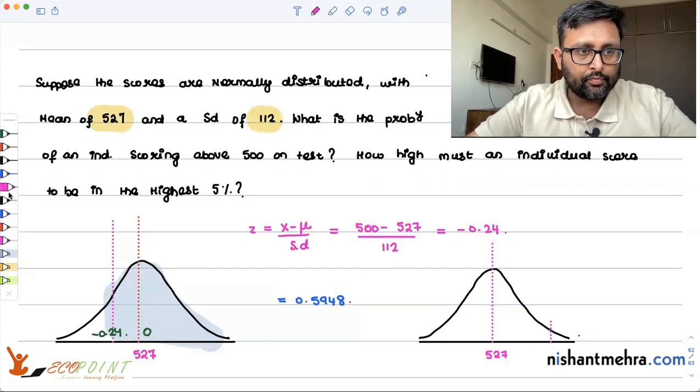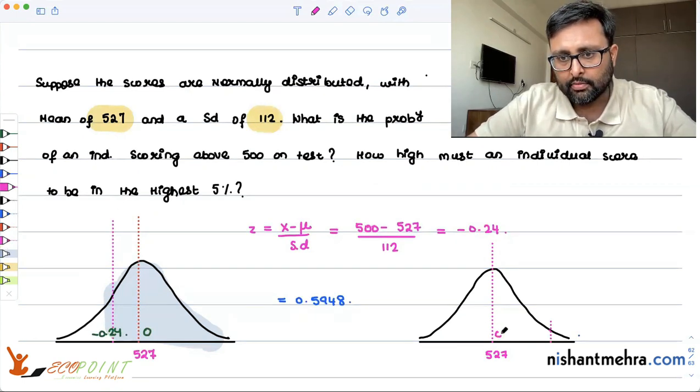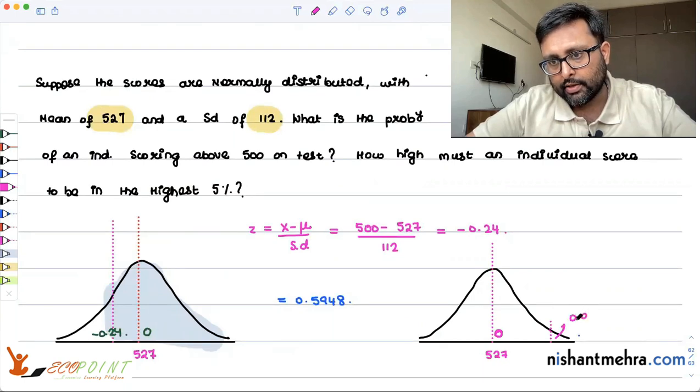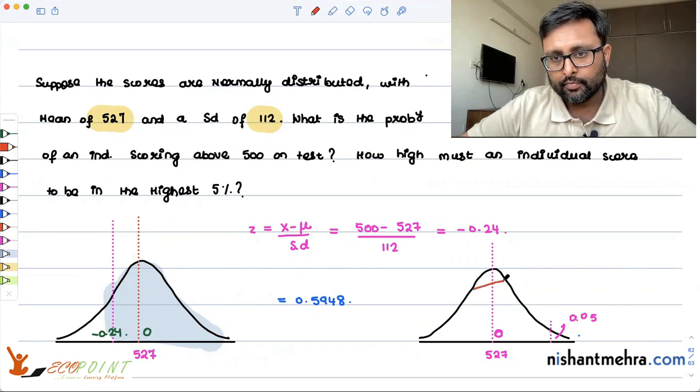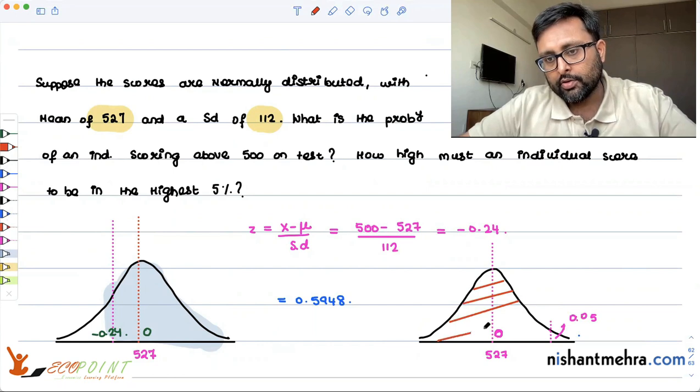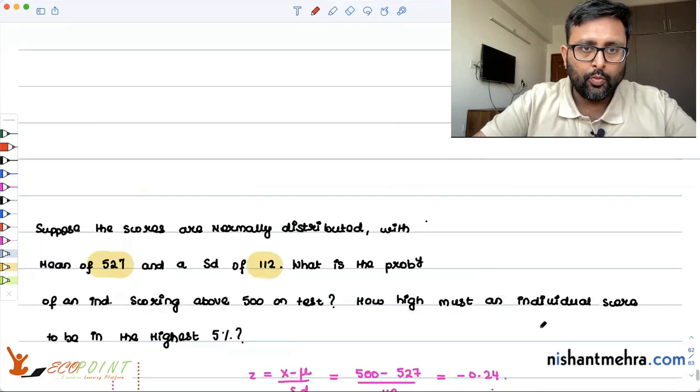So if I just put this in perspective, the standard normal variate here is going to be 0. I want this thing. So this area is 0.05, and this entire area is 0.95.